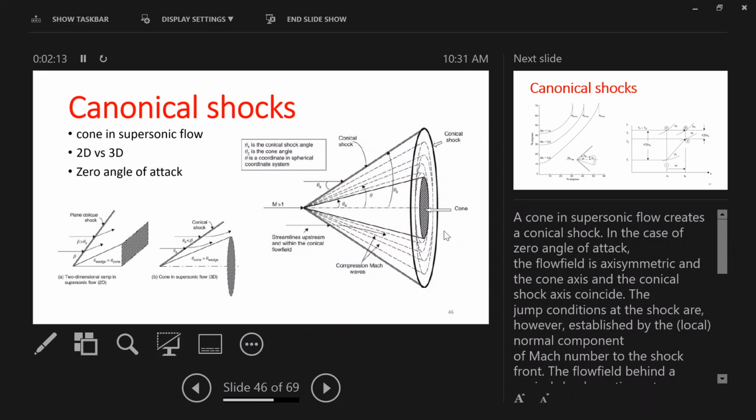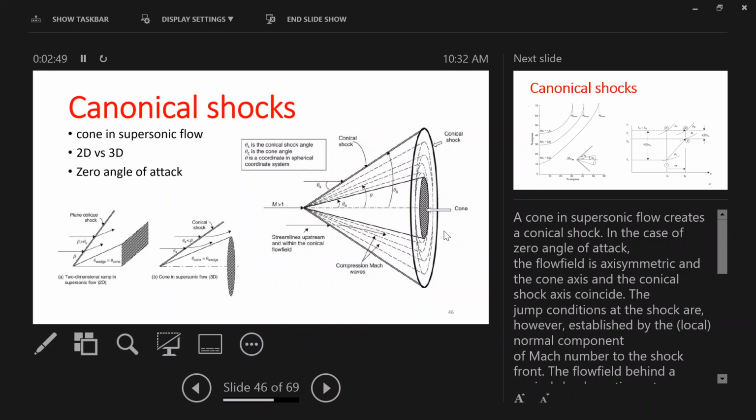But the main differences between the conical shock and a regular oblique shock wave can be visualized here in these two pictures, essentially. If you have a plane oblique shock wave, essentially what's going to happen is that your flow is going to turn, right? And the streamlines are going to turn with the same angle, right? This is not the same thing that happens when you are dealing with a conical shock, okay?